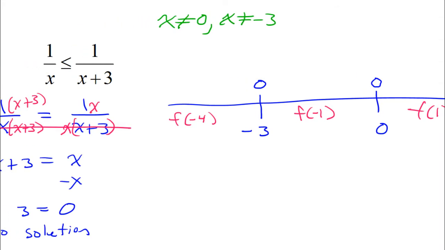I want to evaluate these and see if it's less than or equal to, but because this is not a single number, it's going to be really hard to tell. I would have to evaluate both sides and then compare them to each other, and I'm trying to use my calculator to do it. It would be really tough.